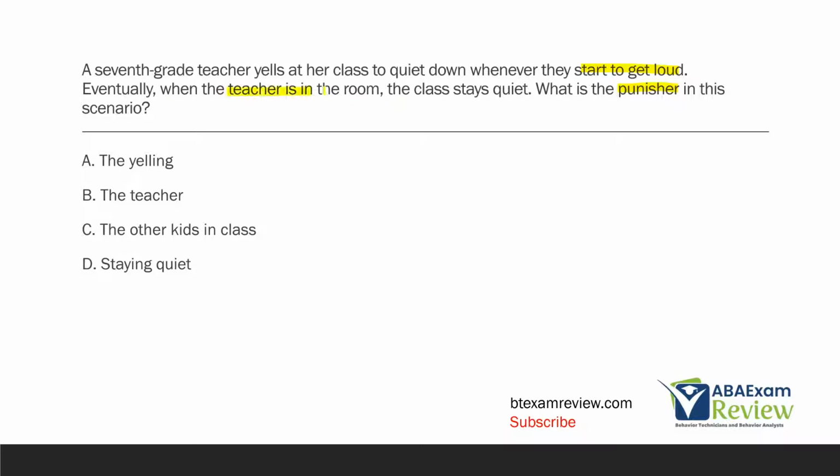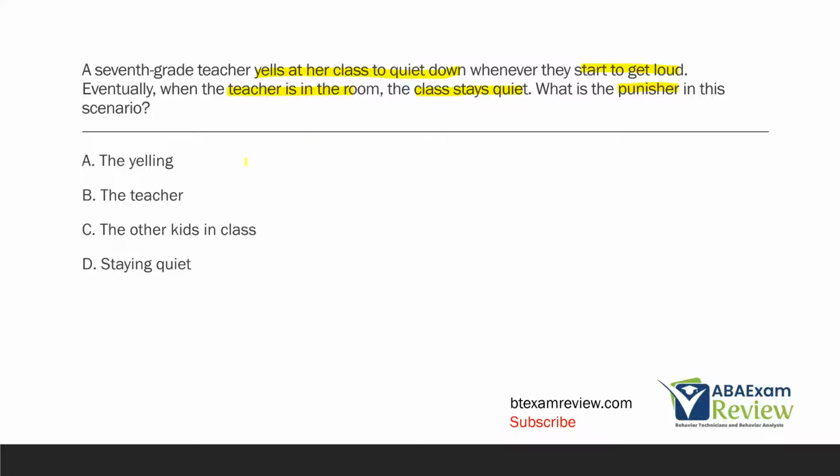Well, now when the teacher is in the room, the class stays quiet. So what has the teacher done to change the class's behavior? Well, every time they start to get loud, she yells at them to quiet down. So class starts to get loud, teacher yells, quiet down. Now, when the teacher is in the room, the class stays quiet. What is the punisher in the scenario?